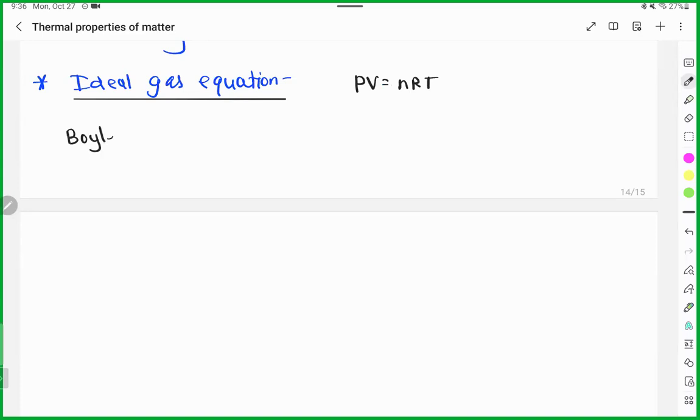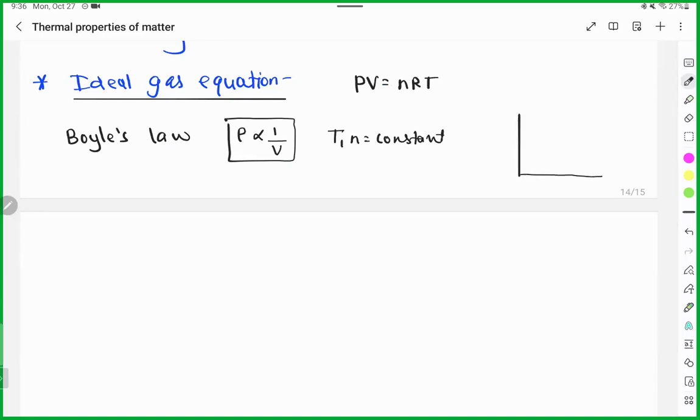Pressure is inversely proportional to volume if number of moles and temperature are constant. And that's why if you draw a graph of P and V, it will be a parabola.